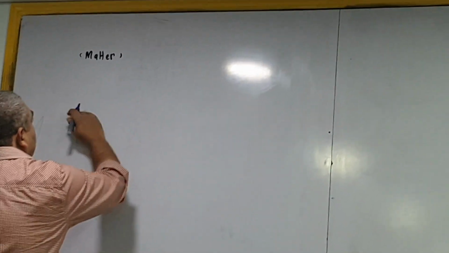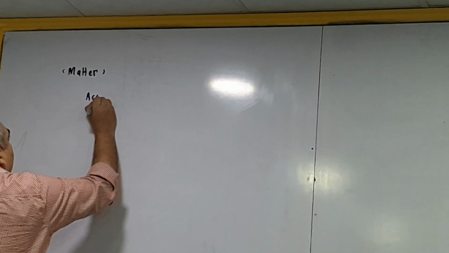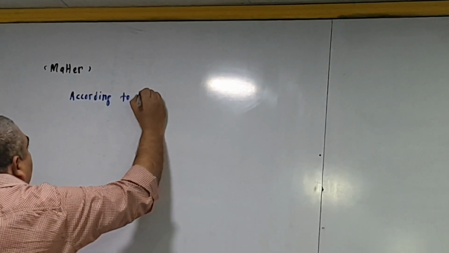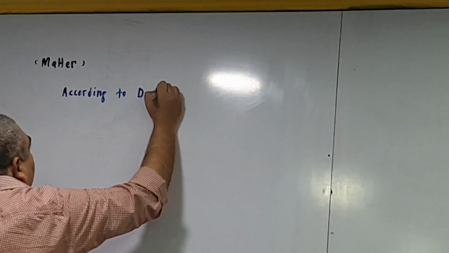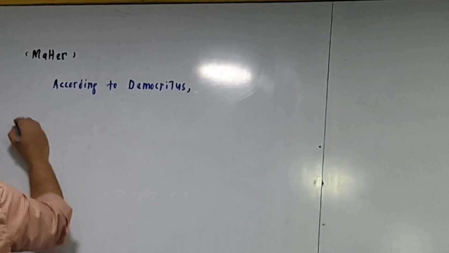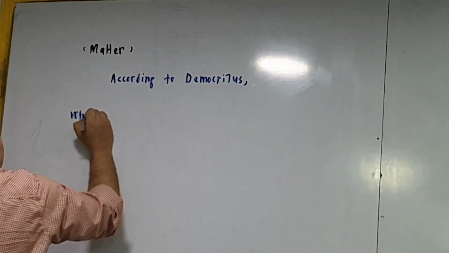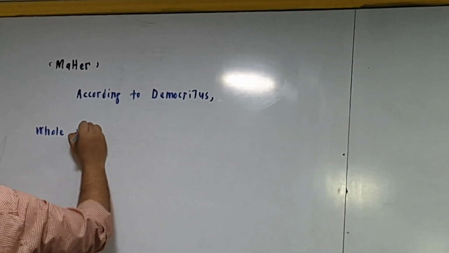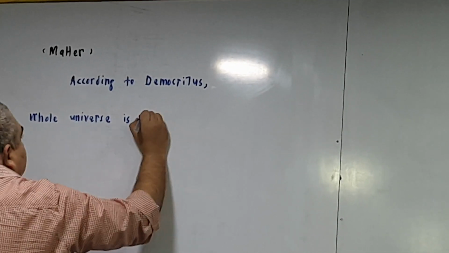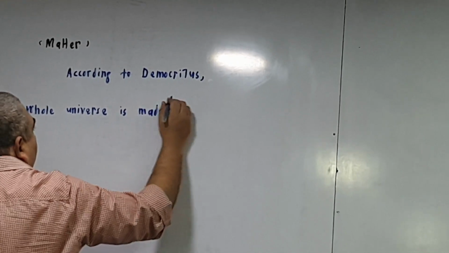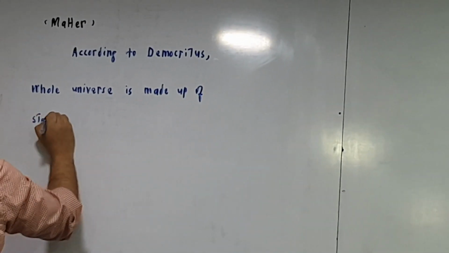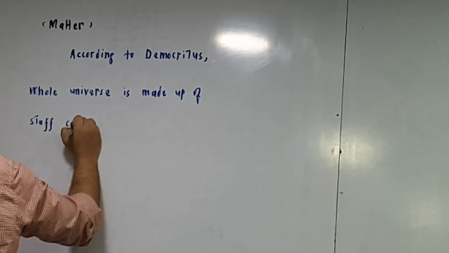So what is matter? According to Democritus, and who is Democritus? He is a Greek philosopher. What is matter? The whole universe is made up of stuff called matter.